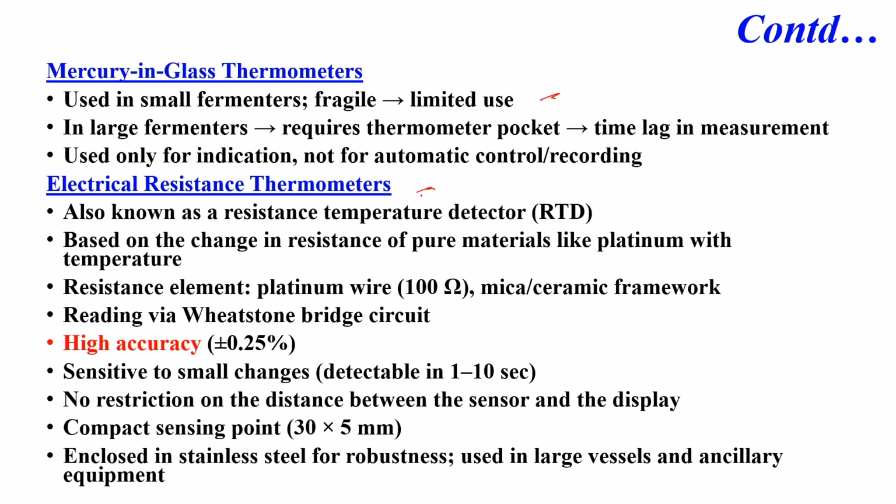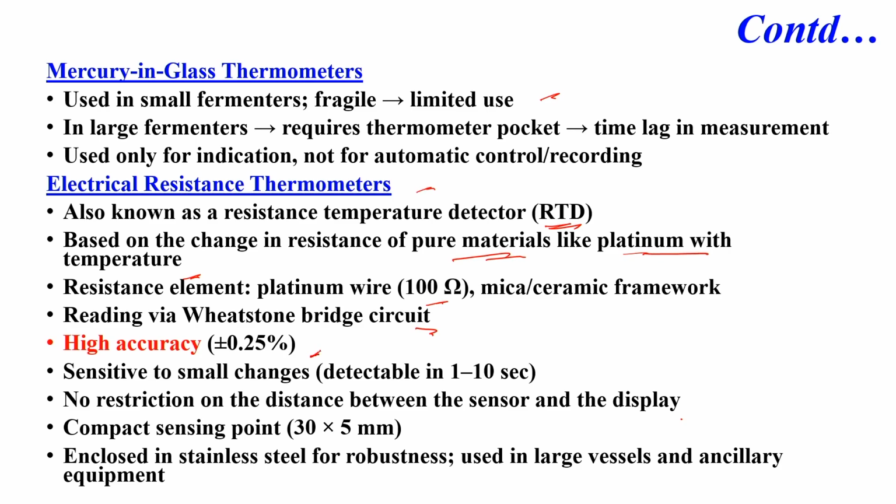Next is the electrical resistance thermometer, also known as resistance temperature detector, RTD. This is based on the resistance of a pure material like platinum changing with increase in temperature. This is the property of the material. If you increase the temperature, there is a change in the resistance, and that resistance can be measured, for example, by a Wheatstone bridge circuit. Let us say the resistance of a platinum wire is 100 ohm, and that will change with an increase in temperature.